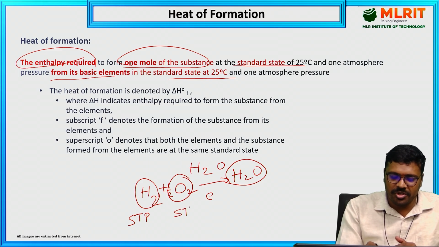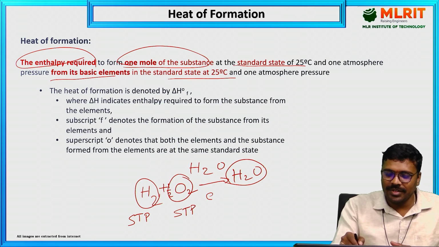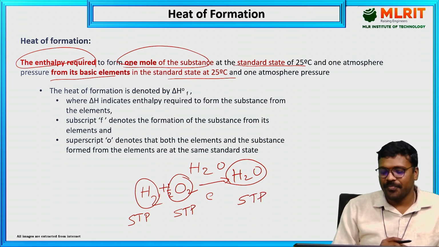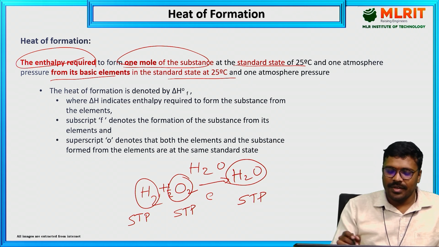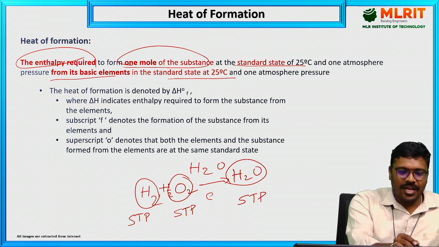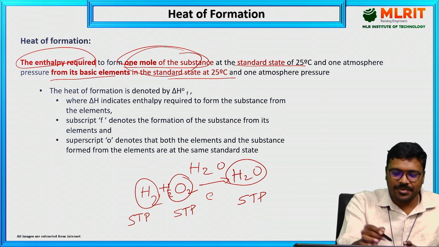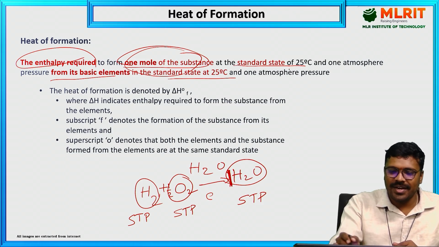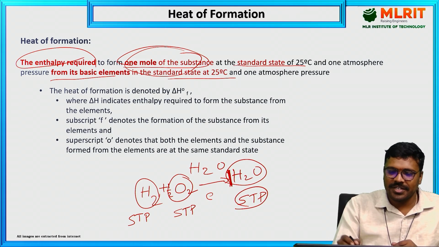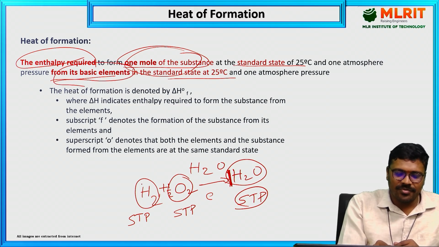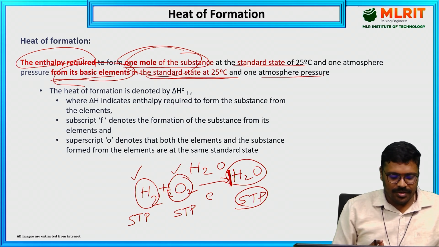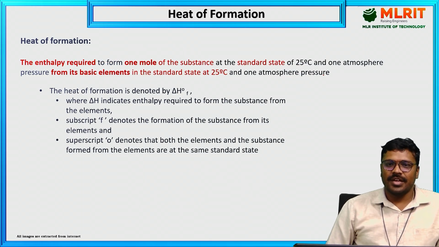So the enthalpy required to form 1 mole of H2O at standard state from its basic elements, which are also at STP condition, is the definition of heat of formation.